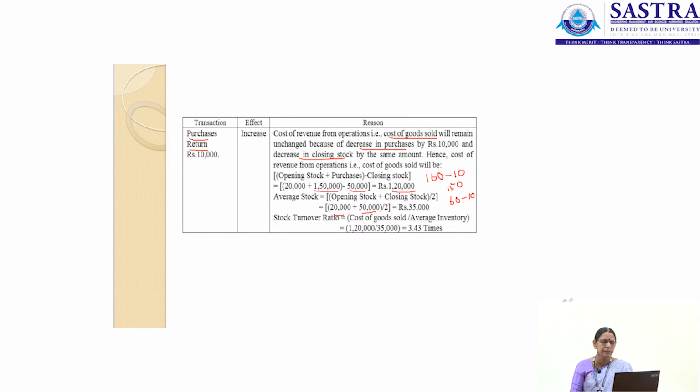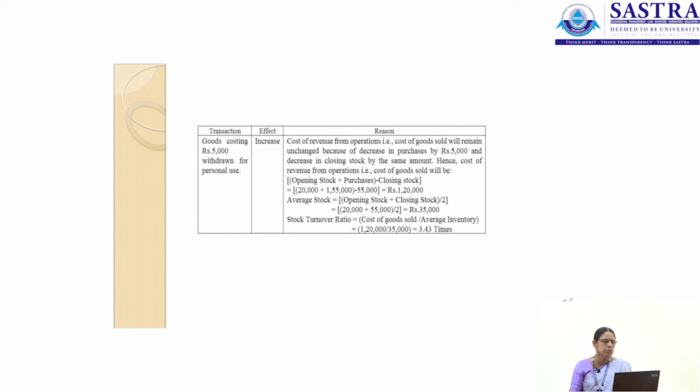By 2, we will get 35,000 as your average stock. The stock turnover ratio is 1,20,000 divided by 35,000, we have 3.43 times, so we have an increase. Originally we had 3, now it is 3.43. So whenever the purchases returns are made, the stock turnover ratio will increase.